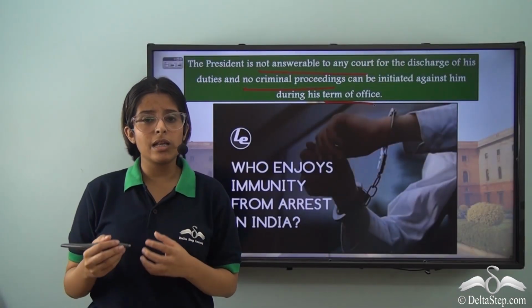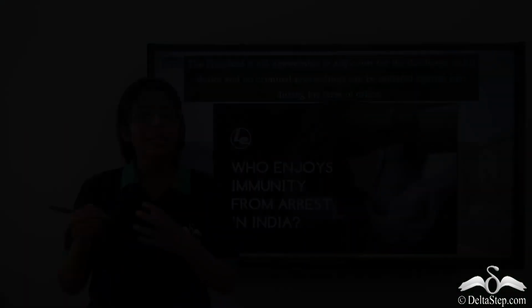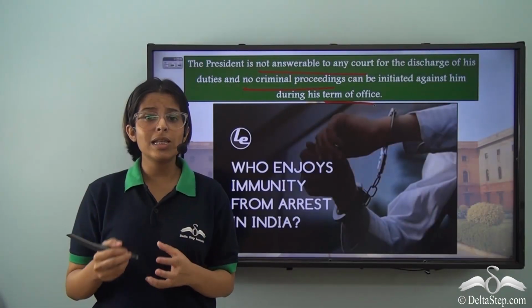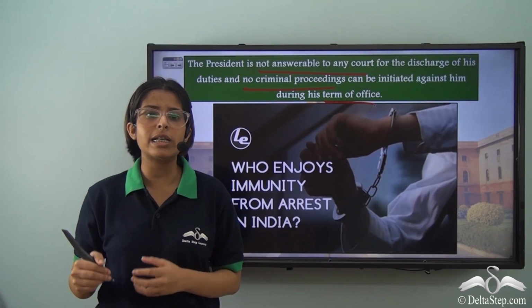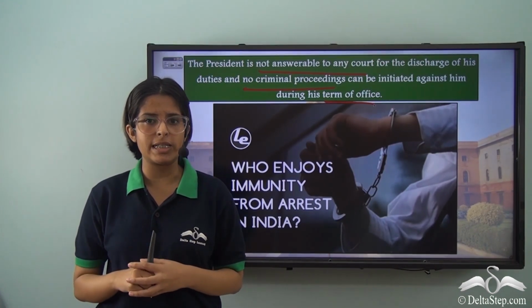These immunities are given to the President so as to ensure that the President can carry out his duties more efficiently. So this means that the President cannot be arrested or imprisoned during his term of office. Why do you think this is given to the President?